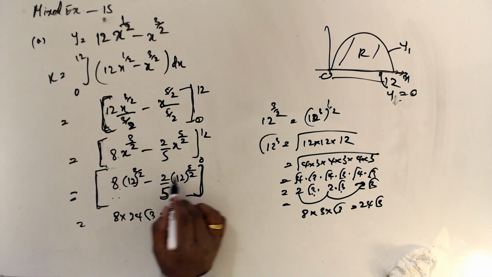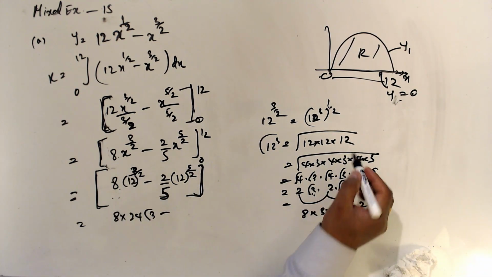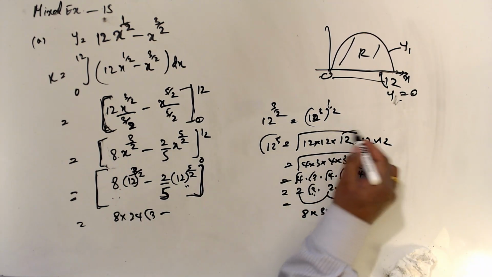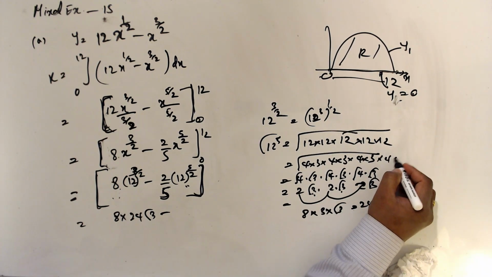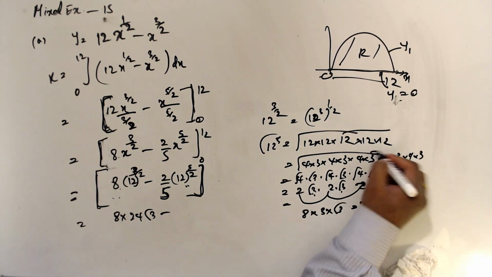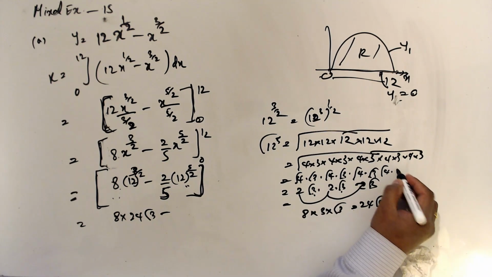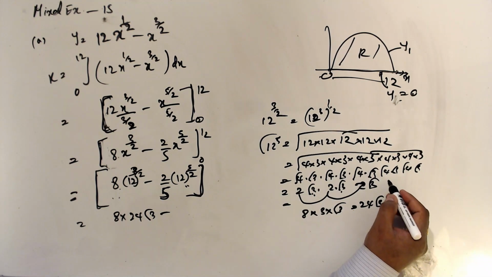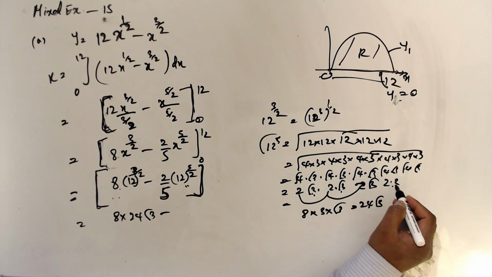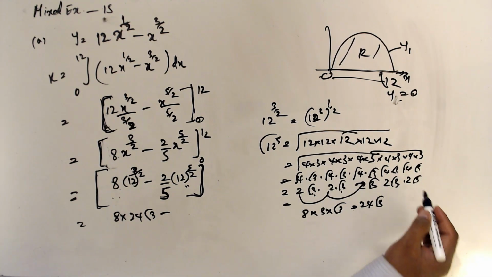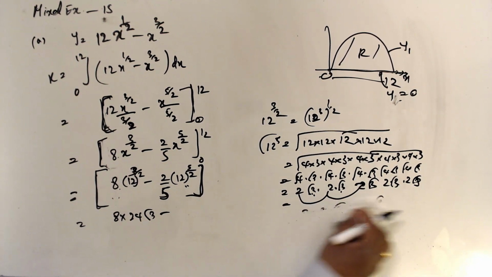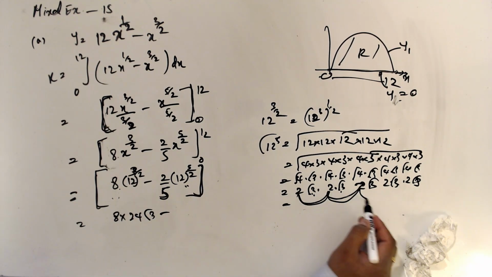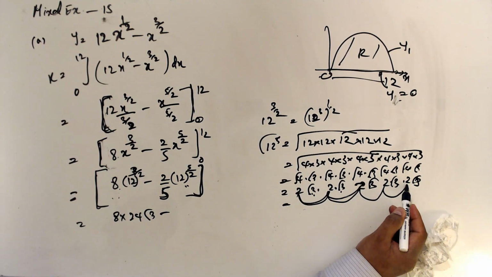And here 12 to the power of 5 over 2 means 12 to the power 3 and another 2. It means 4 times 3, 4 times 3. So this is going to be 2 square root 3, 2 square root 3. Then how many 2s are there?